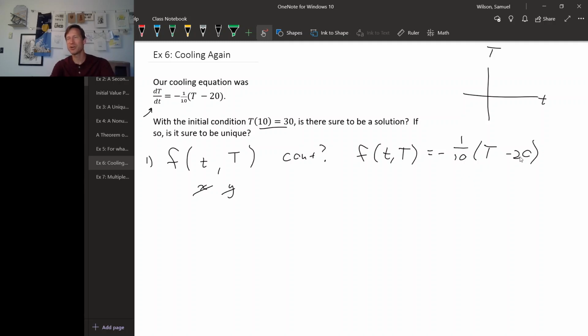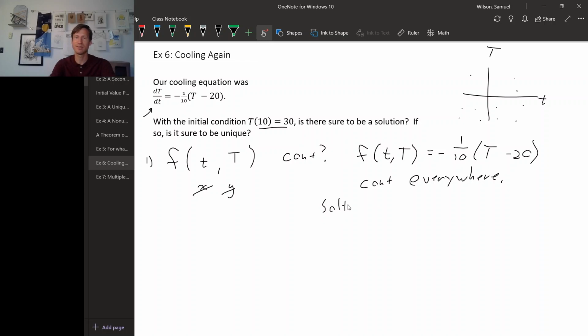Well, there's nothing that ever goes wrong with this formula. It's continuous everywhere. So for any initial condition, there is a solution for that initial condition.